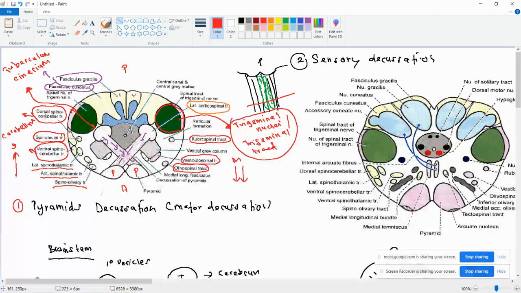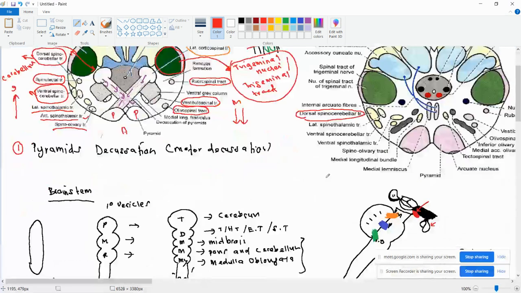At the sensory decussation you also have the dorsal spinocerebellar tract. Same structure actually. If you have anterior spinothalamic tract over here, here also you will find the anterior spinothalamic tract.